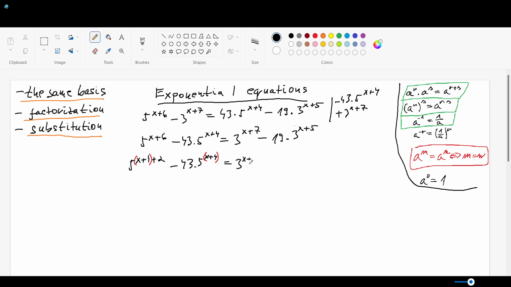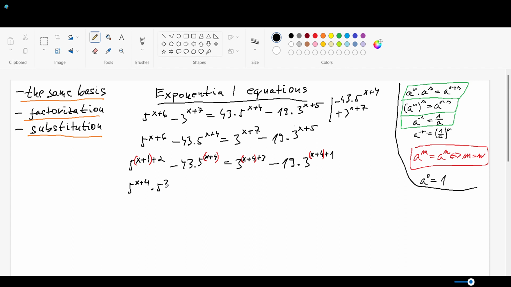So x plus 4 plus 3, take away 19 times 3 to the power of x plus 4 plus 1. Let me put the brackets here again as I did on the left side, so that you can see what I did.